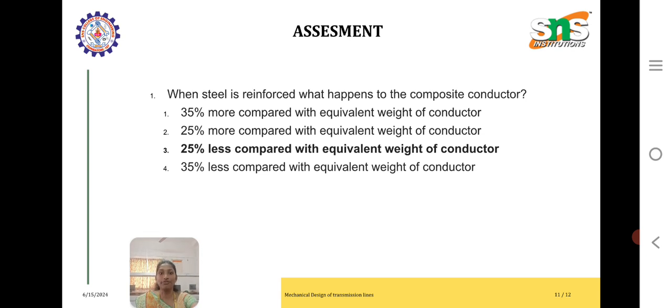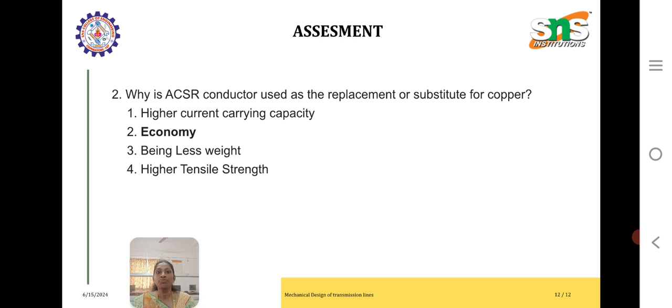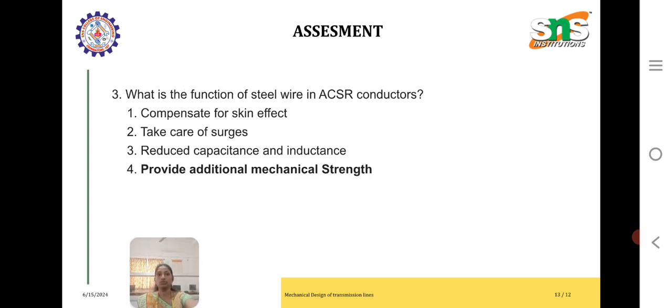Why are ACSR conductors used as a substitute for copper? Economy is the main reason. What is the function of steel wire in ACSR conductors? It provides additional mechanical strength.